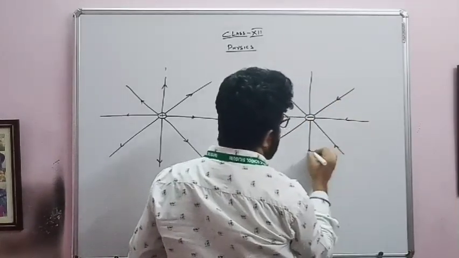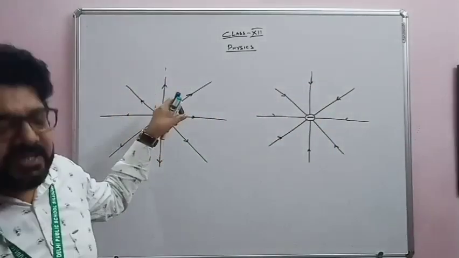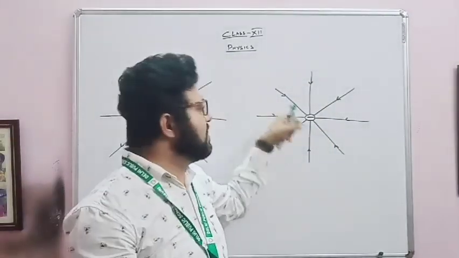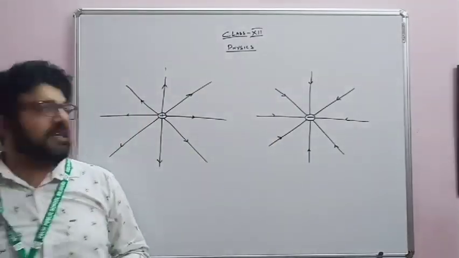So you understand what the basic difference is? For plus charge, the direction is away. For minus charge, the direction is towards. That is the first one for the positive charge, and this one for the negative charge.